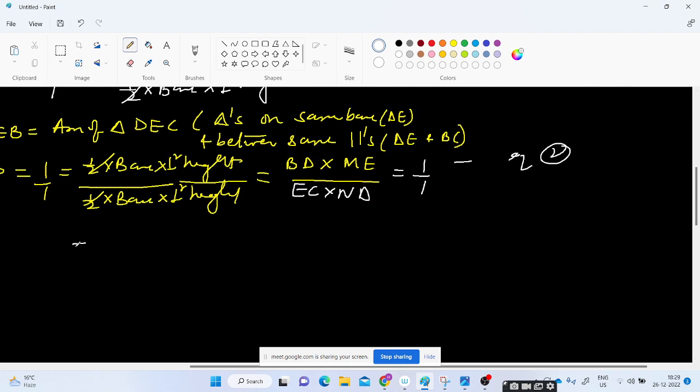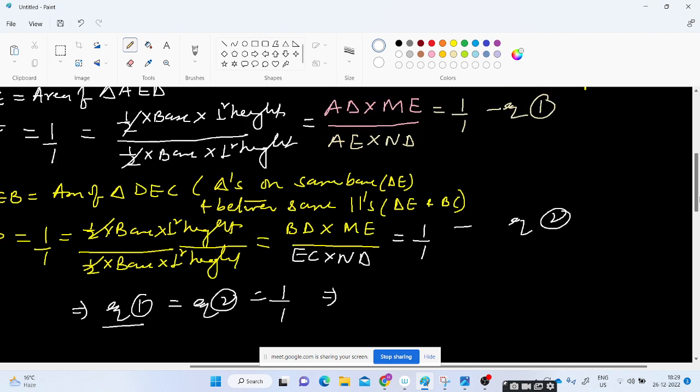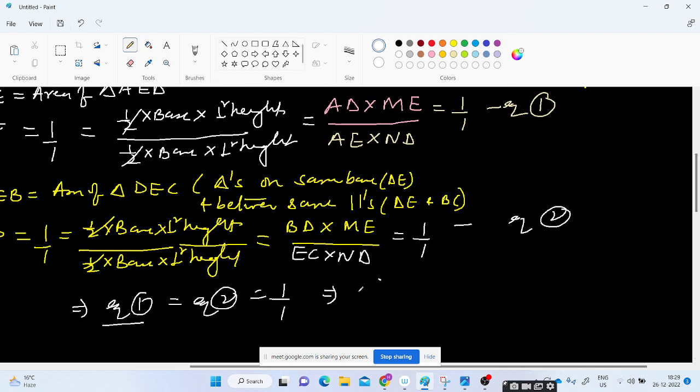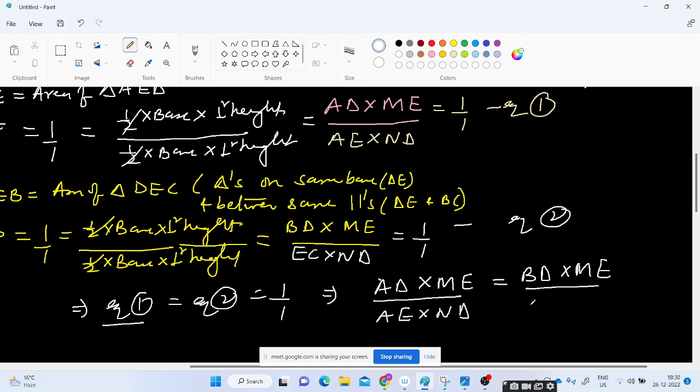So now you can say equation 1 is equals to equation 2 because the ratio is coming 1 is to 1. So now you will equate them. AD into ME upon AE into ND is equals to BD into ME upon EC into ND.